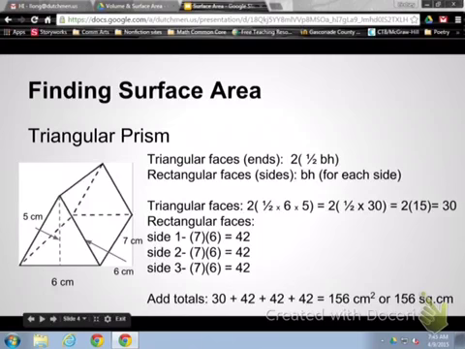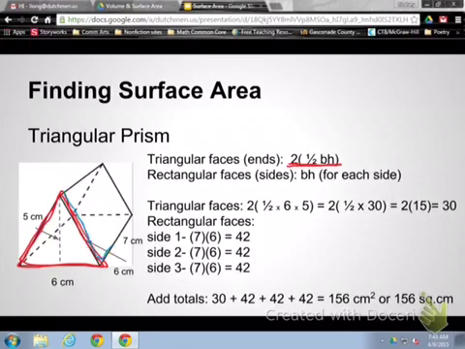Now, finding the surface area of a triangular prism. We have our 2 ends, which when we were finding volume were our bases, the triangles. So we take 2 times the area of a triangle, which is 1/2 base times height. Then for our sides, these are the rectangular shapes.